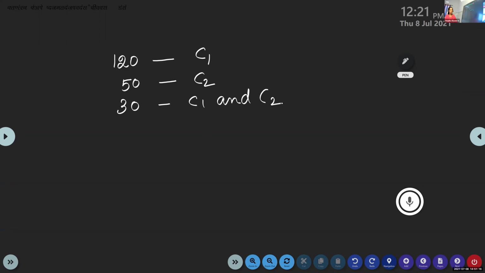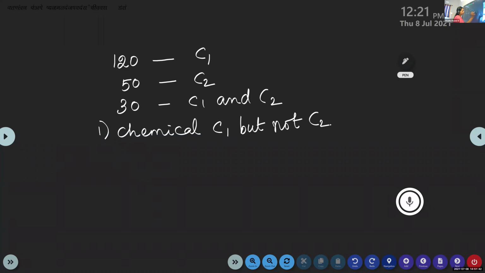Find the number of individuals exposed to: first one, chemical C1 but not C2.